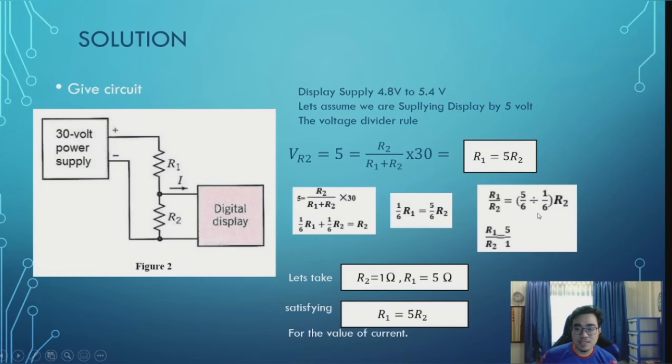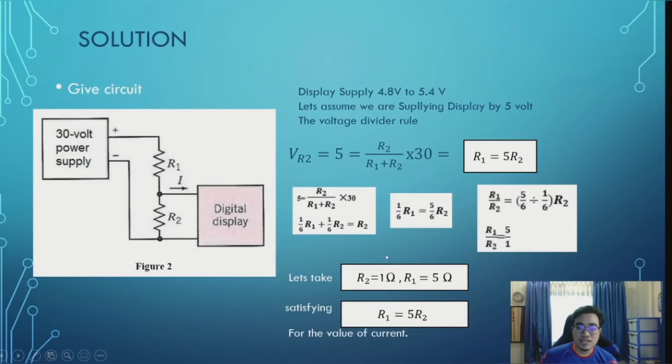The next step is R1 and R2 equal 5 over 6 multiplied by 1 over 6 R2. And then the last answer I got is R1 is 5 and R2 is 1.